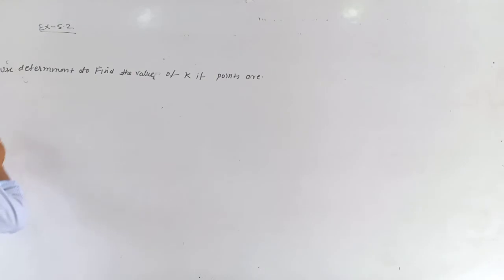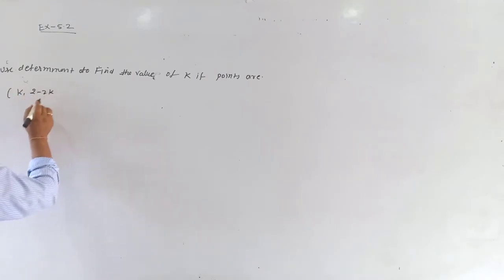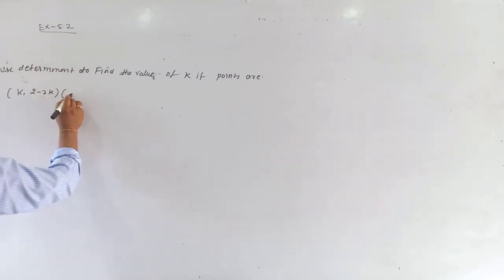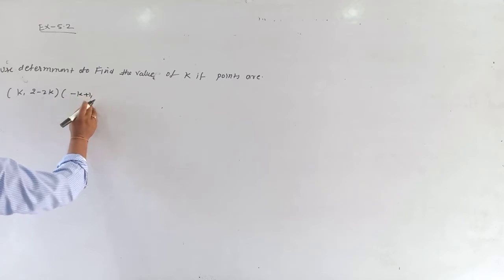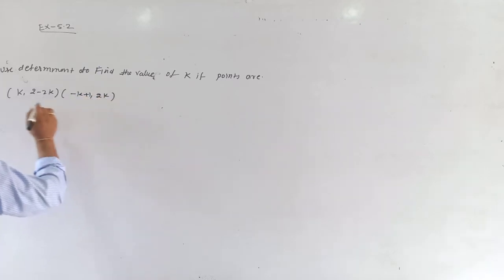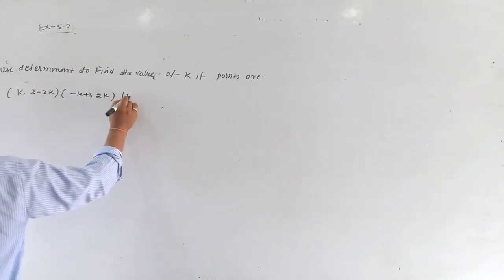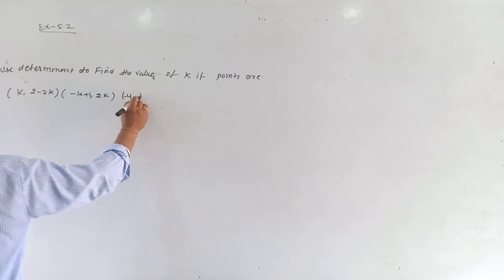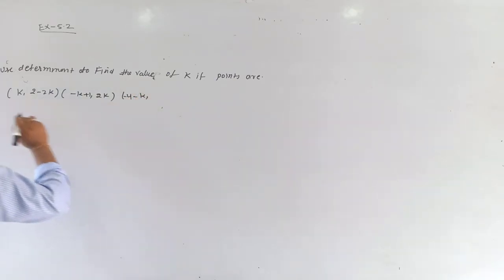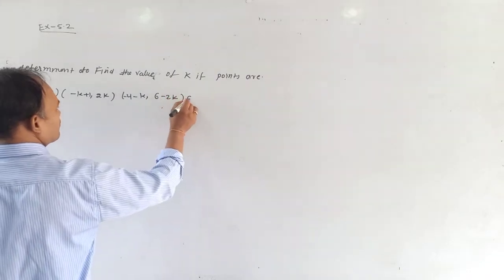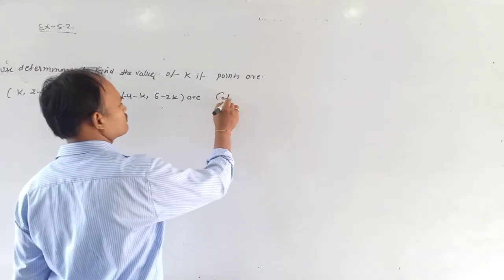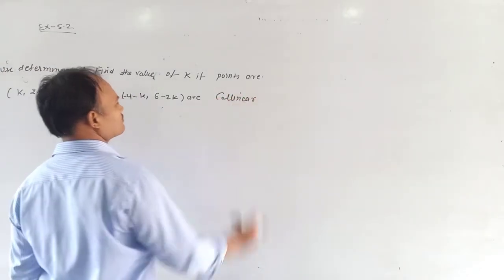that is (k, 2 minus 2k), (minus k plus 1, 2k), and (4 minus k, 6 minus 2k) are collinear.